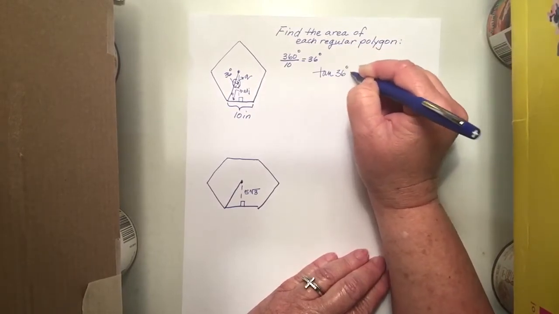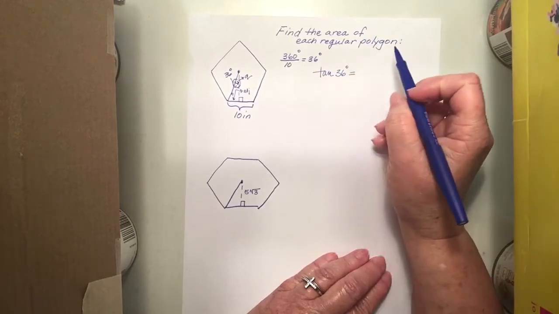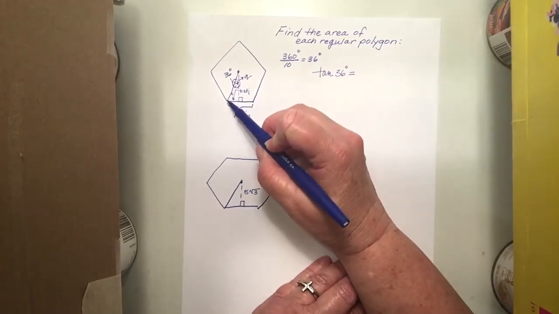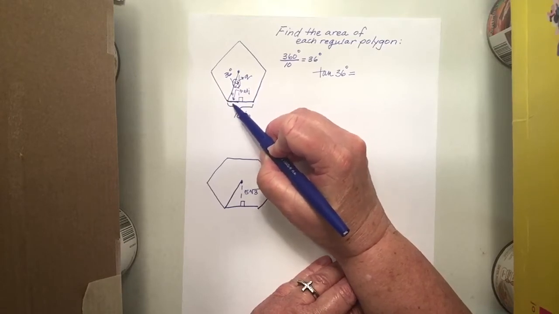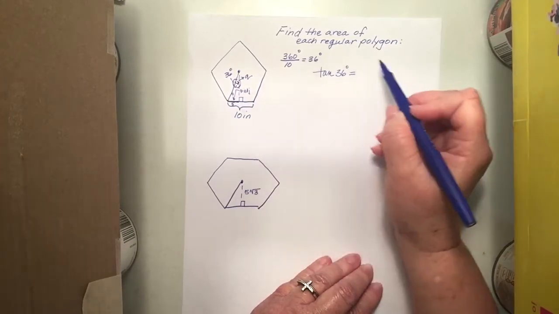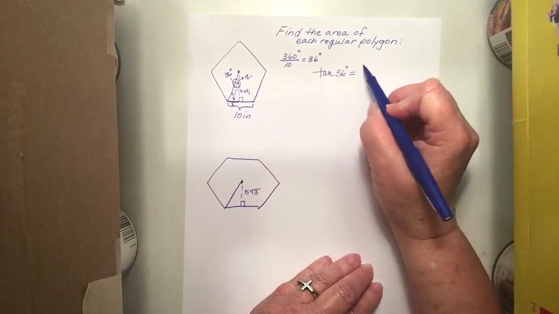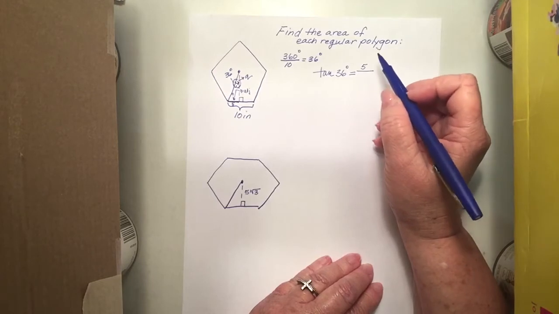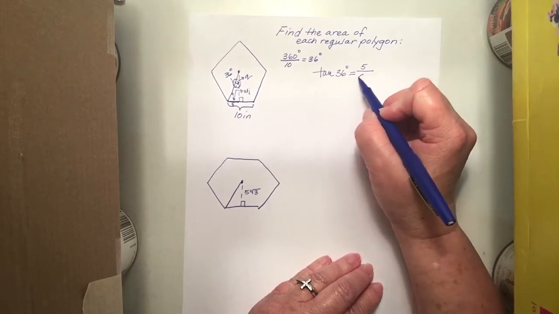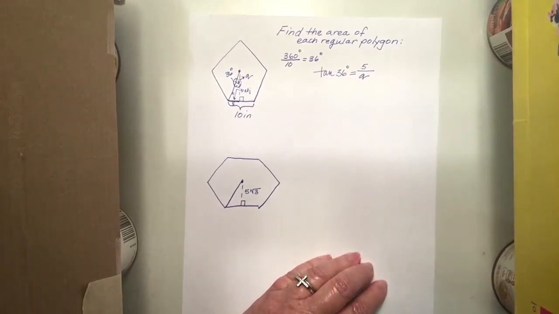Tan 36 degrees is equal to this portion of the triangle. That's just from here to here, and if this is the midpoint, this edge is 5. So the opposite is 5 over the adjacent, which is the apothem.